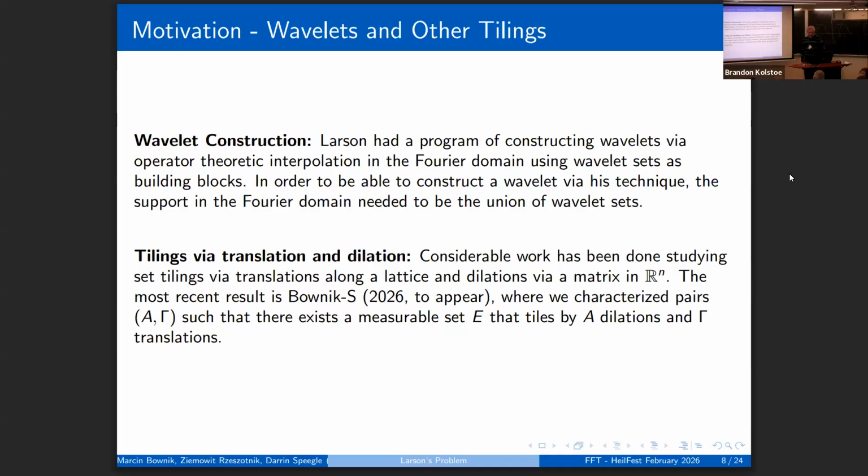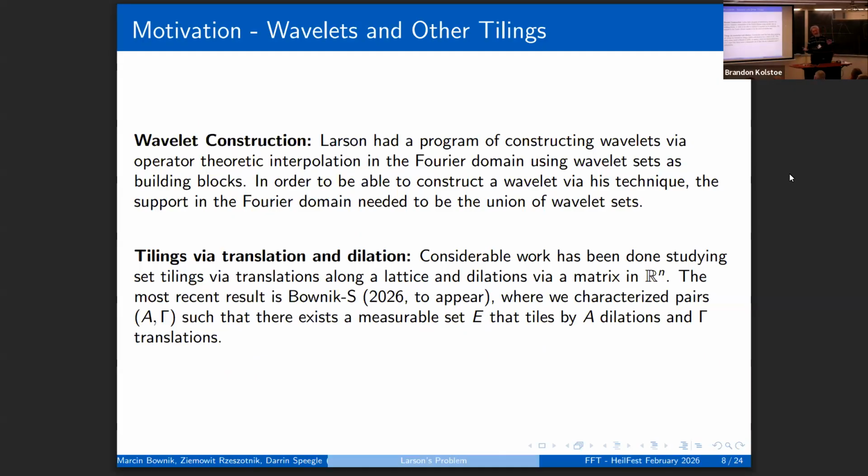The other motivation was, I think Dave had a program of constructing wavelets, and Guido did too, well, not via operator theoretic interpolation, but trying to construct as many wavelets as possible using wavelet sets as a building block.